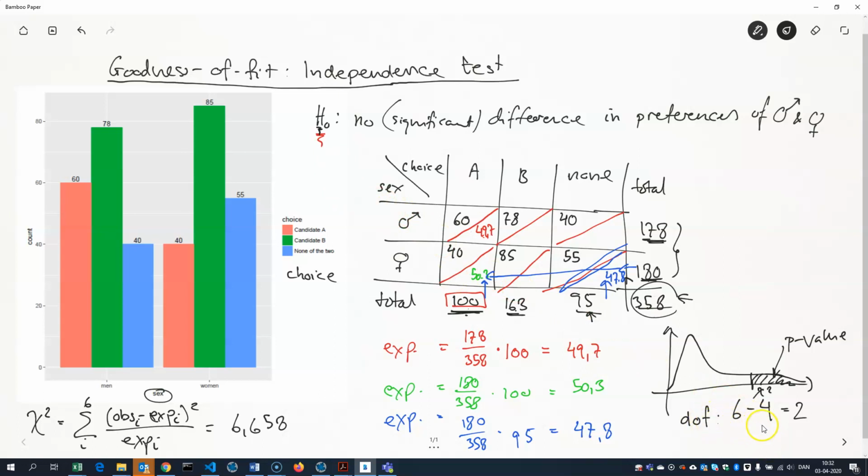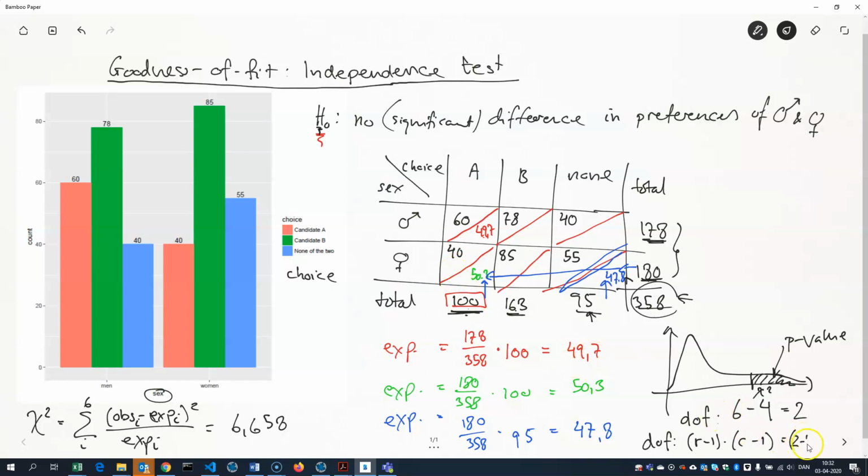If you think this way of finding the degrees of freedom is a little bit complicated, there's another formula which tells us that the number of degrees of freedom is the number of rows minus 1 times the number of columns minus 1. So in our case, the number of rows of data here is 2.